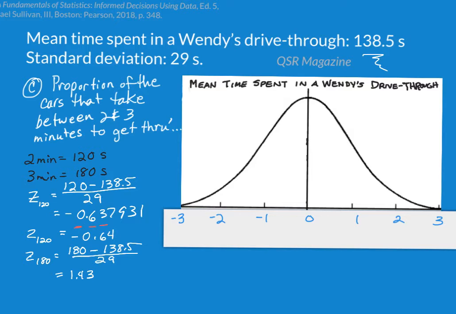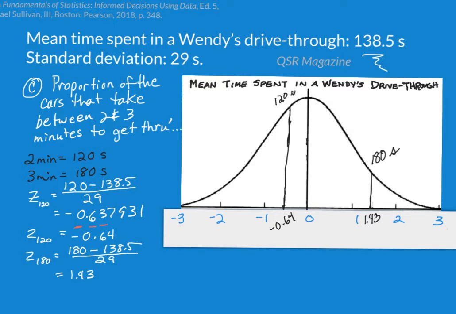So let's see, negative 0.64 is probably about there, and that is my z-score for the time of 120 seconds. And over here, I need to go out to 1.43, so about right there. And that's for my time of 180 seconds.